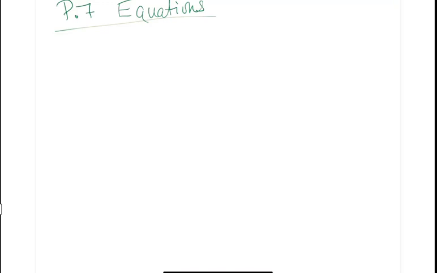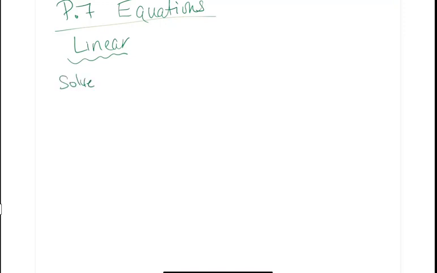So let's say we have a crazy little linear equation. Linear means it would actually make a line, okay. And we want to solve.